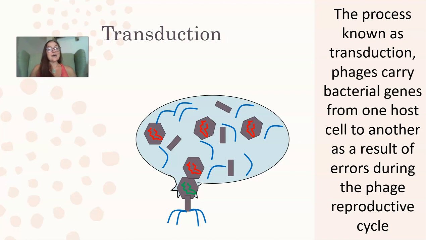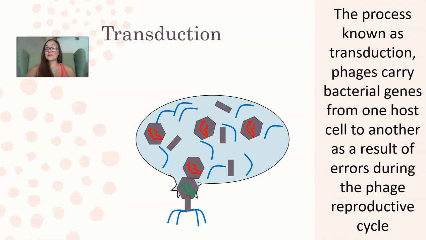If you did not watch the bacteriophage video I made earlier, I would recommend going back and watching that so you can understand this method of a bacterial cell acquiring new variation. So the virus carrying bacterial DNA, in green, is going to move bacterial DNA from one bacterium to another, therefore introducing new genes and possibly a new phenotype in that recipient bacterial cell.